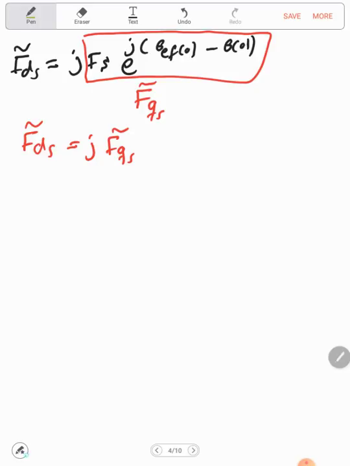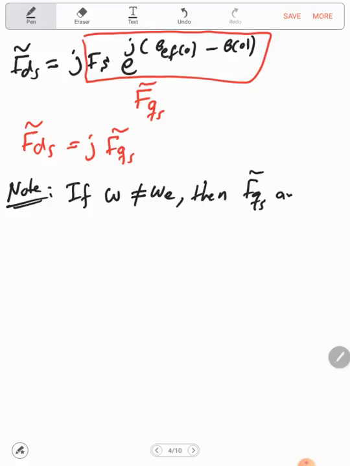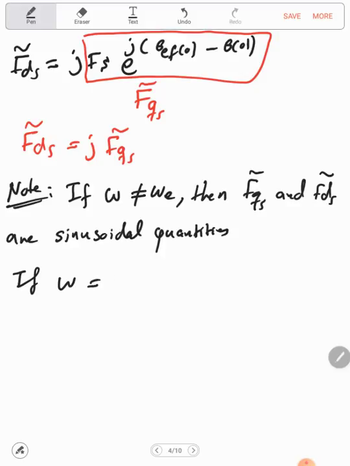So here I can write a note for you. If omega is not equal to omega e, then Fqs and Fds are sinusoidal quantities. While if omega equals omega e, then the phasors in the q and the d are constant quantities.